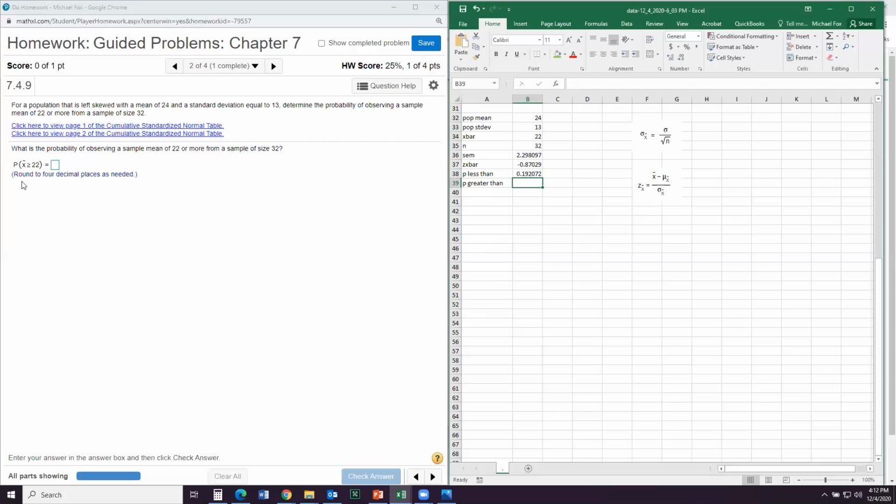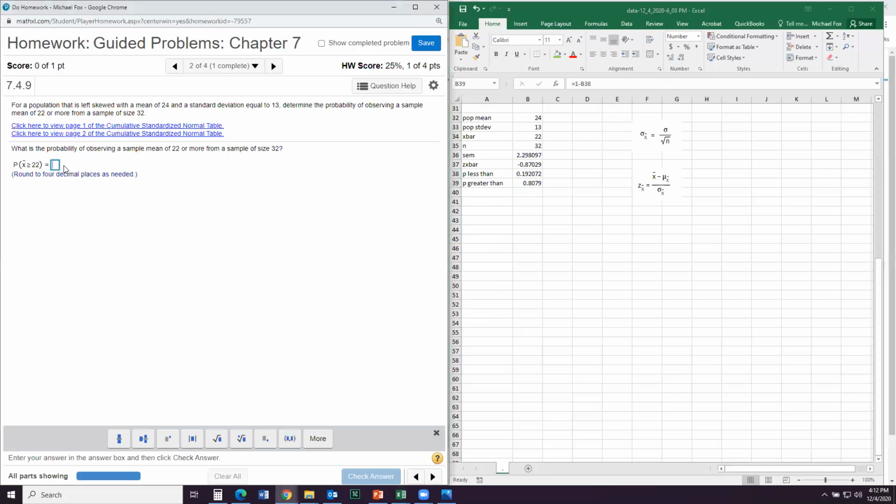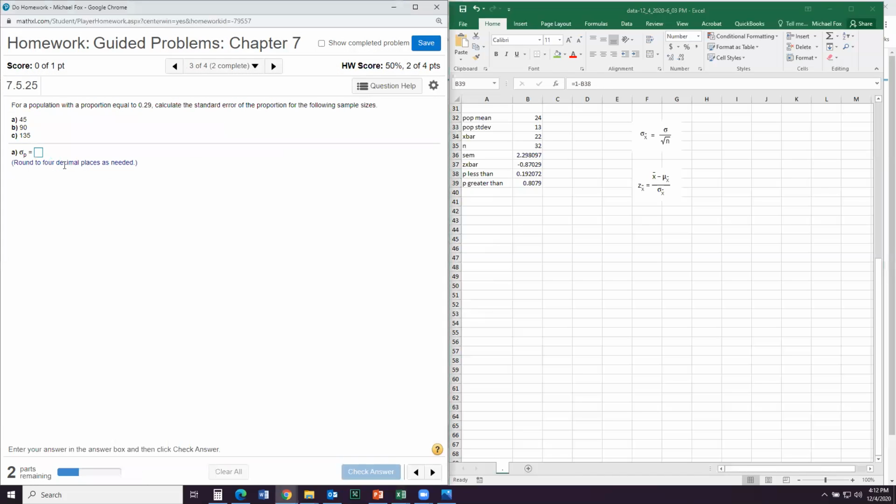So this wants to find the probability of observing a mean of 22 or more. So I'm going to do 1 minus the less than to get the greater than. Wants 4 decimal places, so 0.8079. Oh, that was it. Okay.